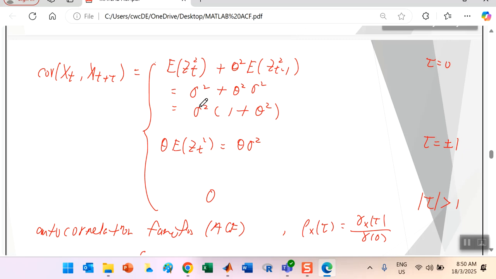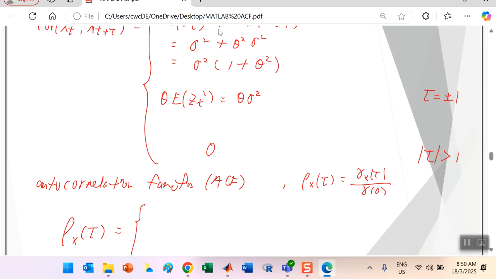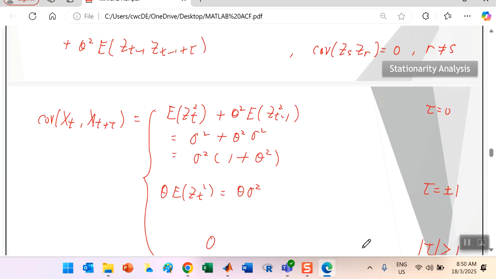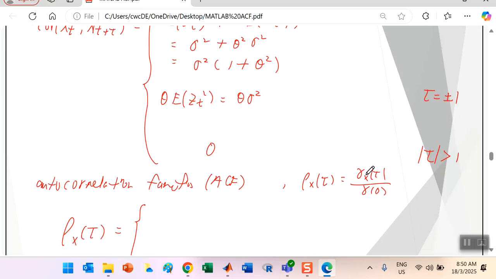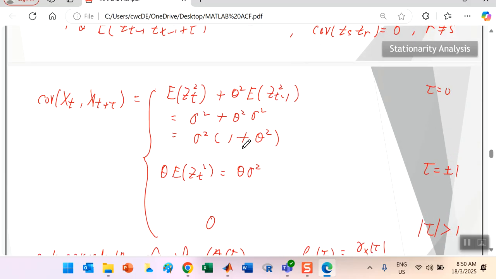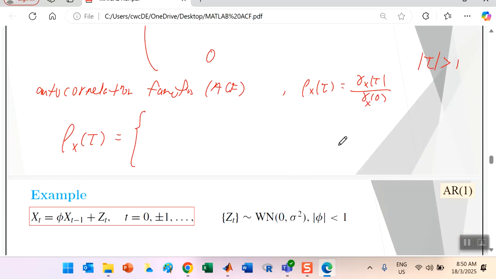For tau equal to 0, gamma 0 over gamma 0 is 1 itself.